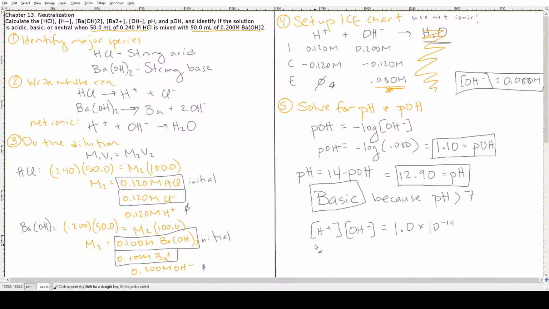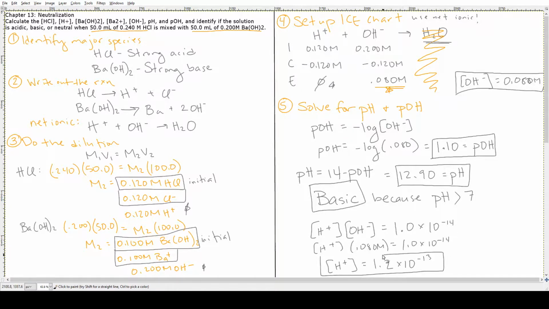I know the concentration of my hydroxide ions is 0.080. So that means that my hydrogen ion concentration is 1.2 times 10 to the negative 13.